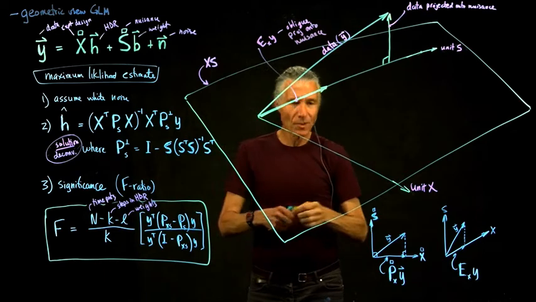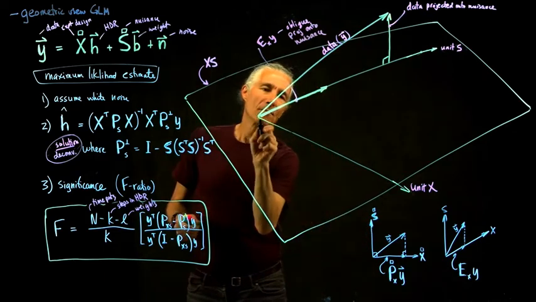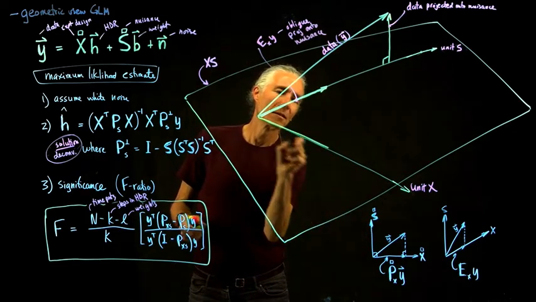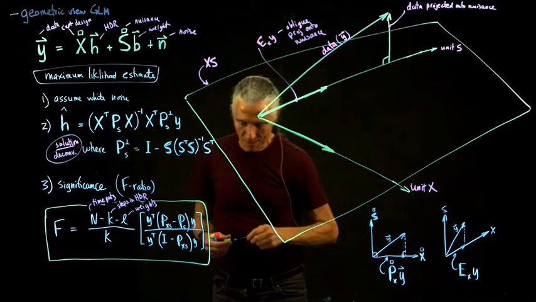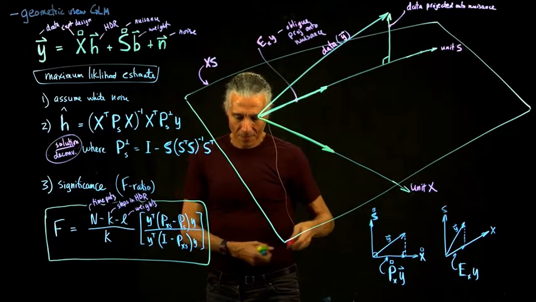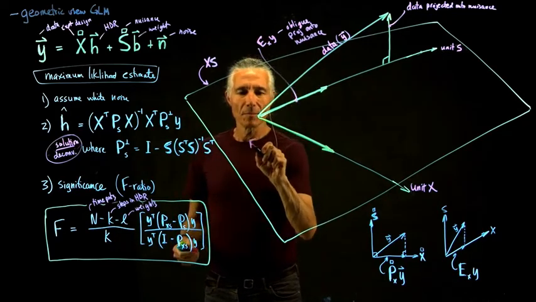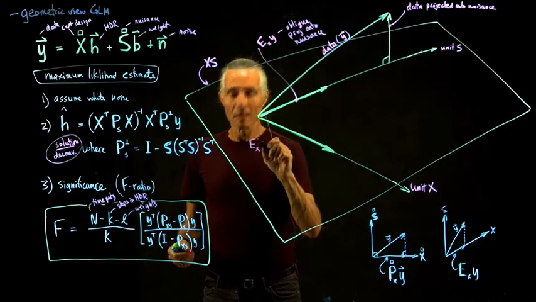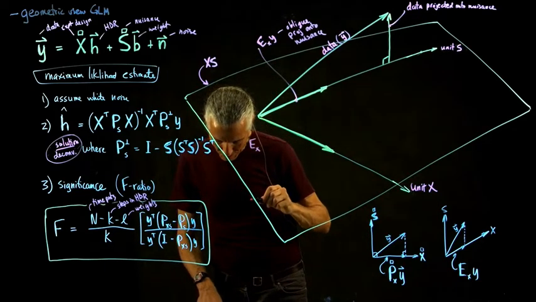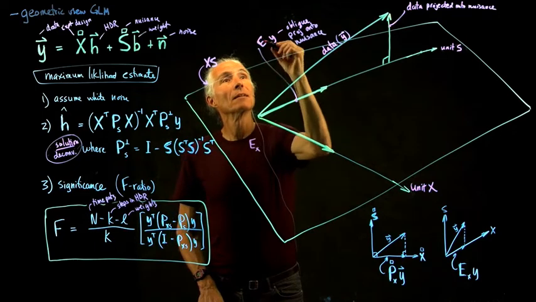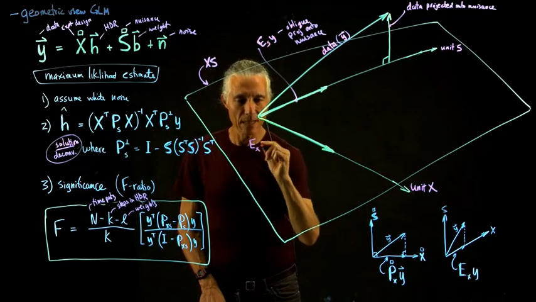And then we have the same thing for this guy, which is oblique. Did I put that? Oh yeah, sorry, that's an S, right? So here's E s.